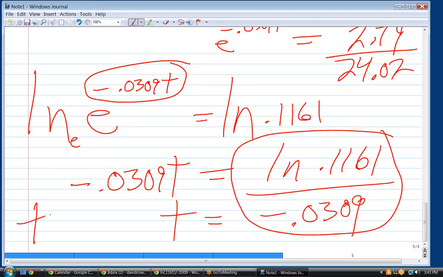So t is equal to 69.68. Their question was, when will the population be 10 million? 69 years after 1900, which is not quite 69, because it won't quite be 10 million.